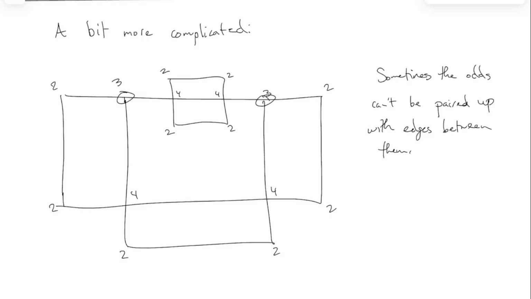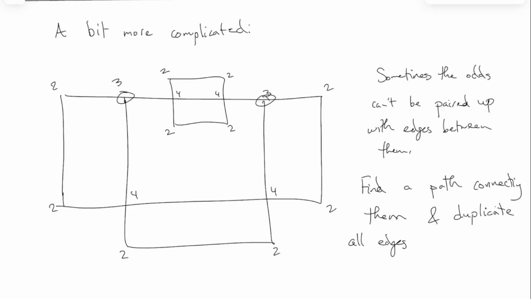So how to handle this situation is you find a path connecting them. Those 2 odds do not have an edge connecting them, so instead you have to find a path connecting them and duplicate all edges along the path.